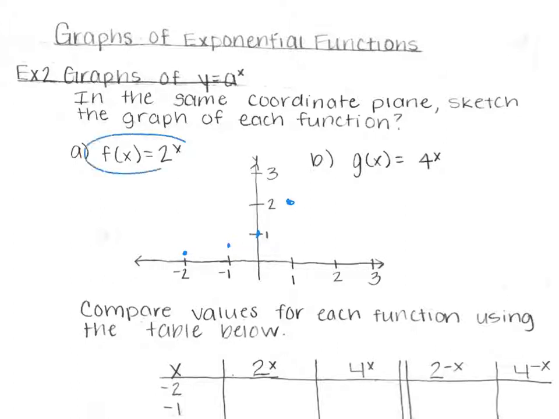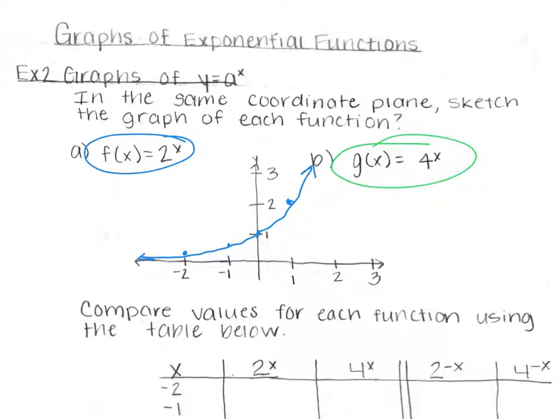I'm going to circle this in blue. So we have our sketch of our graph here. I'm going to switch to a different color for the g of x here. So g of x is 4 to the x.